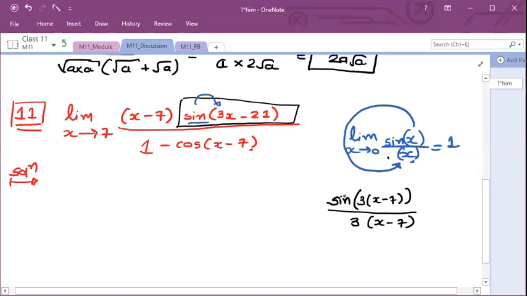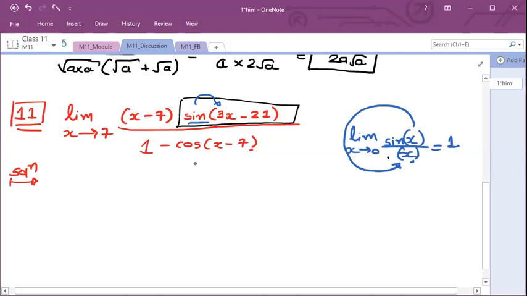If the input of sine is 3 times x minus 7, which is 0, and the same input is in denominator, then its limit will be 1 or not? Tell me. Right, limit x tends to 7. Okay, so first let us use this concept for sine.